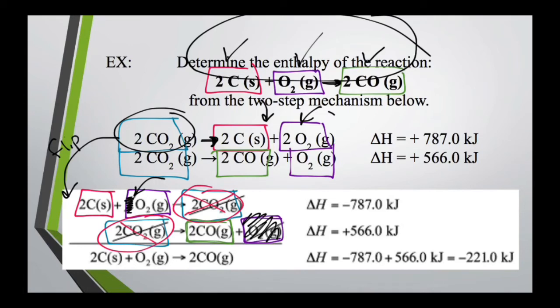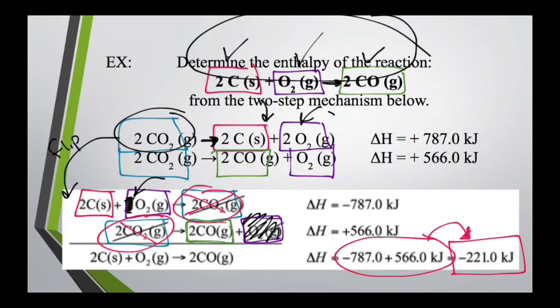But the question has never been, what will the chemical reaction be when we add it up? We already have that chemical reaction to start with. So as long as you have checked off each substance and you're confident you've gotten them in the right places and you've got everything you need, especially if you ended up checking and using each of the reactions you're given, making a change to it or deciding to use it as it is like we did here, I am confident that now all I have to do is add up these numbers and that is going to give me my enthalpy of the overall reaction.